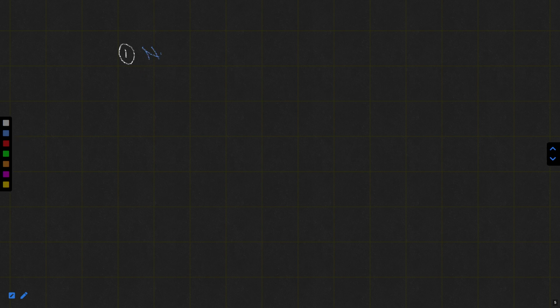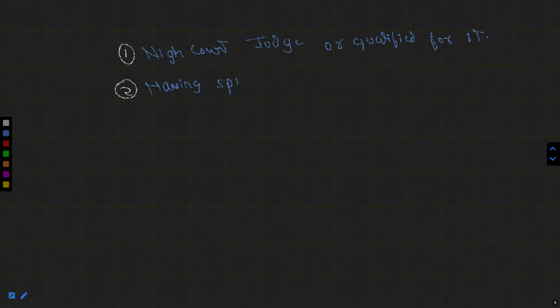First is, just write it down so that it will remain in your mind for a long time. High Court judge, or qualified for it. Second, having specialized knowledge of government finance.